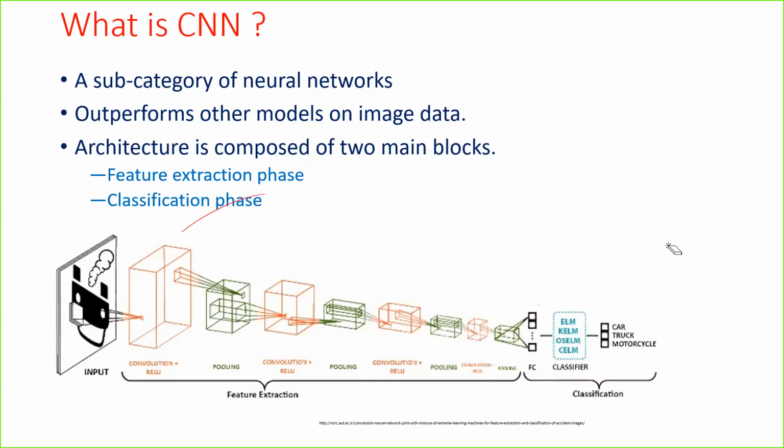All right. So please also observe in the feature extraction phase, we have convolutional, ReLU, pooling, etc. Here, convolution is one layer. ReLU, we call it the activation layer or activation function. So after performing the convolutional operation, we are giving it to the activation function and then giving it to the pooling layer, right?